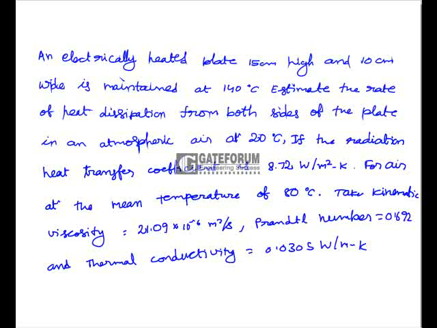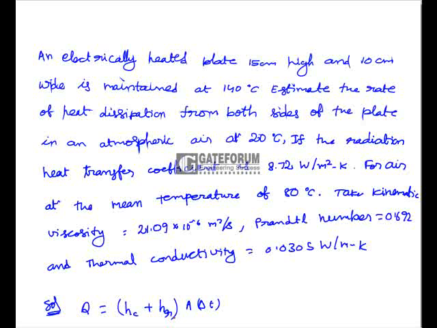Here we will have to find out the heat transfer from the plate. The heat dissipates in the form of convection and radiation from the plate. For this case, the total heat transfer is equal to the sum of the heat transfer coefficient in convection plus the heat transfer coefficient in radiation, into A into delta T, where A is the surface area of the plate, delta T is the change in temperature, and Hc and Hr are the heat transfer coefficients of convection and radiation.